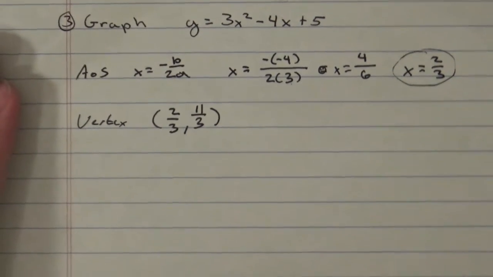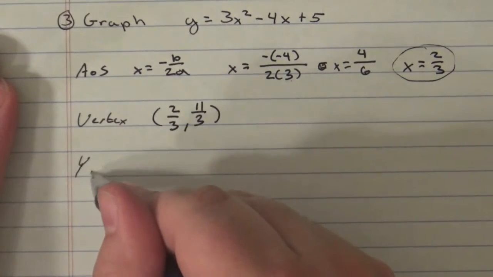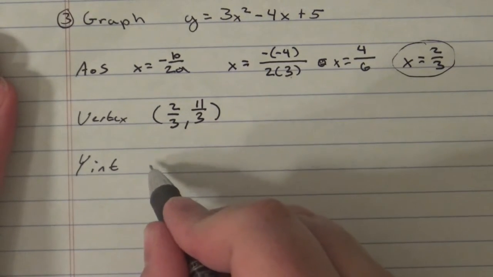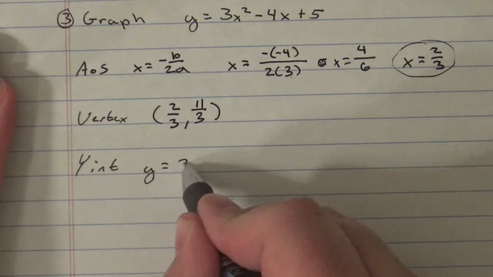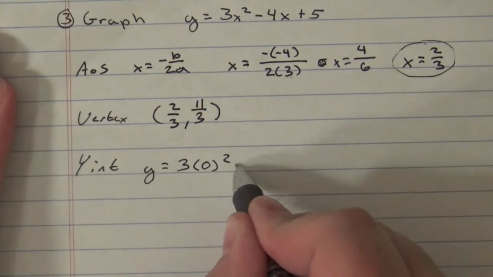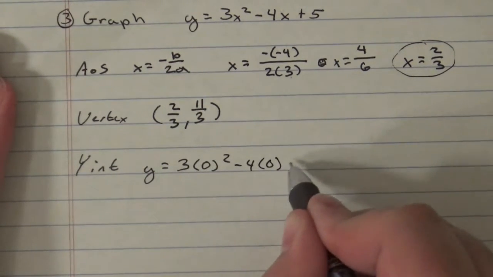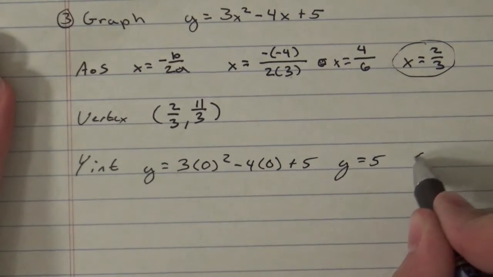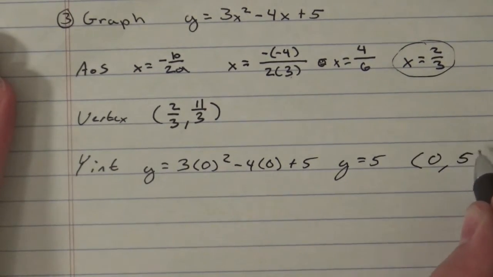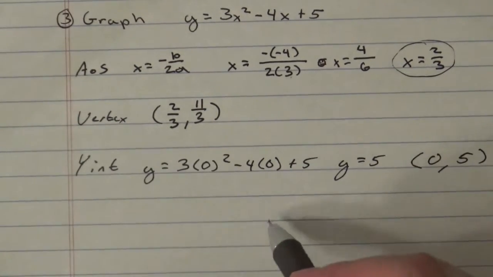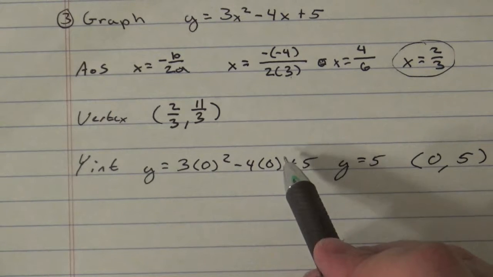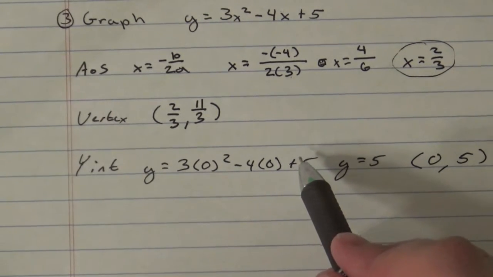All right, now we need to do our y-intercept. And that's the next easy one. We basically plug in 0 in the place of x. So y is equal to 3 times 0 squared minus 4 times 0 plus 5. Therefore, y equals 5. So our y-intercept is 0, 5. Now, you have probably figured out something. This last term is really what the y-intercept is.